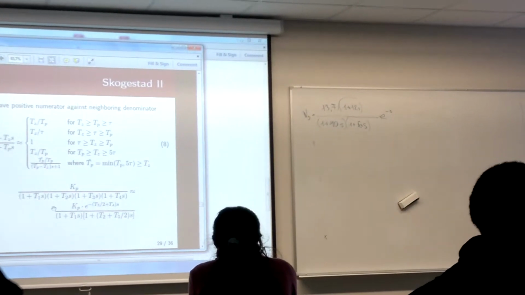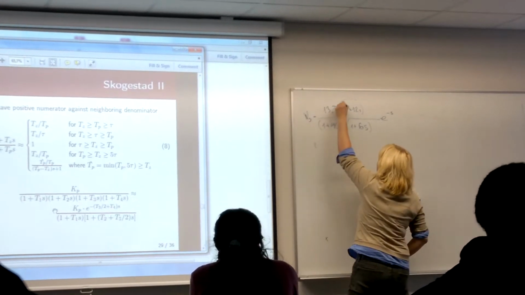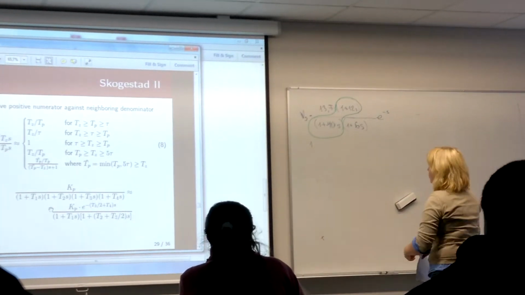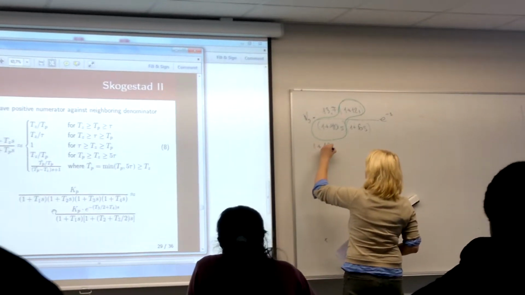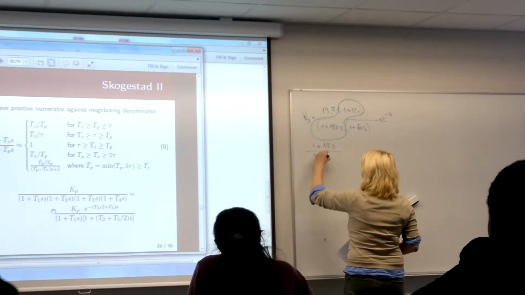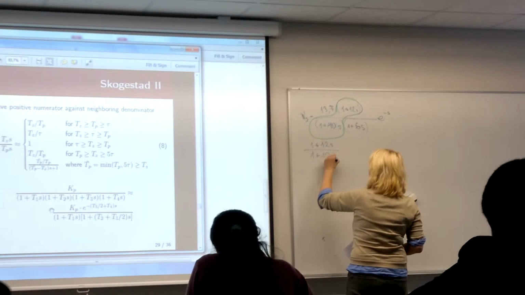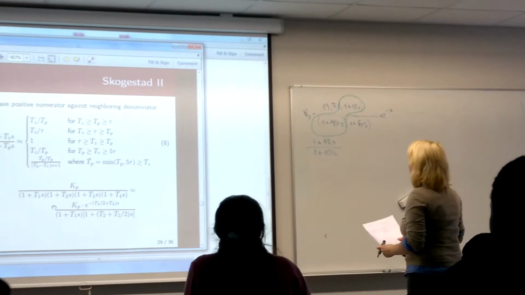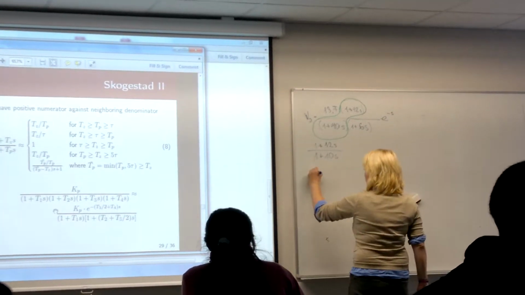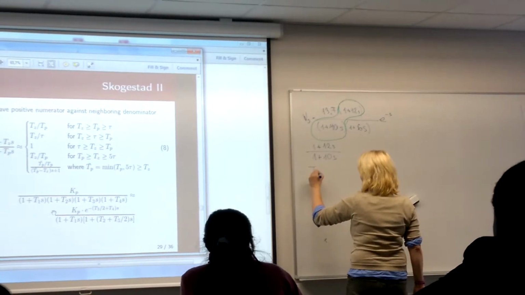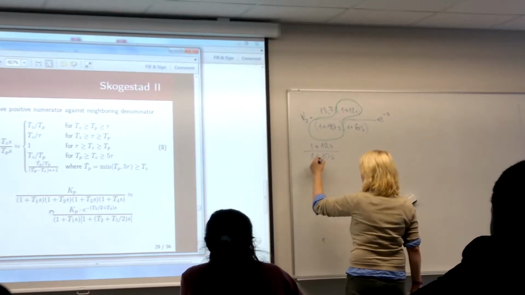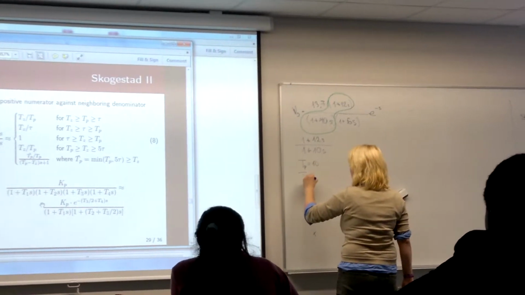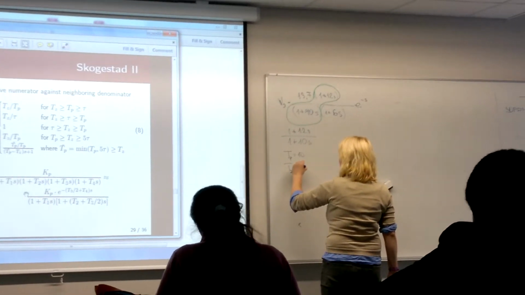Let's take another color. From our system, we select those, and let's rewrite. T_P, that means the denominator, equals 10. T_Z equals 12.